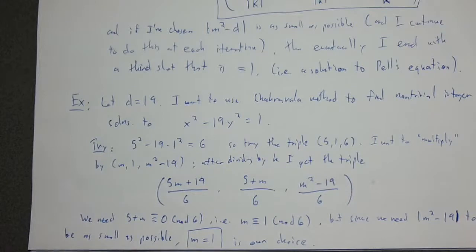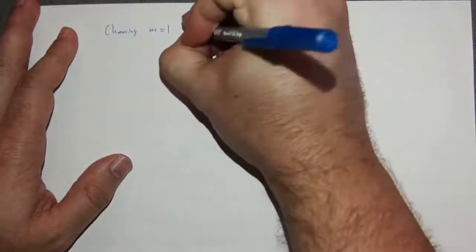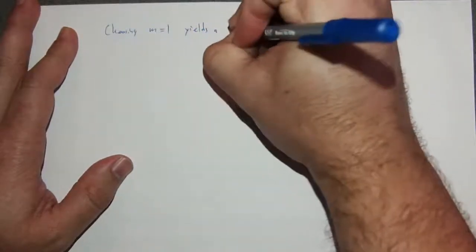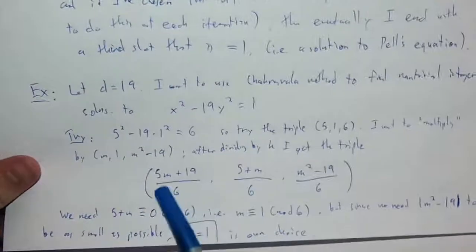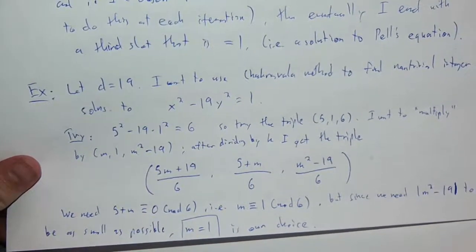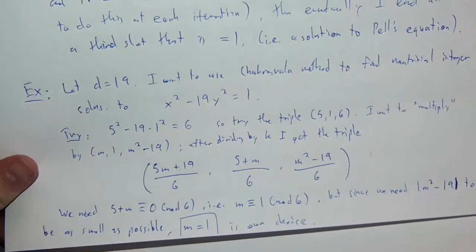Okay. And so if we choose m to be equal to 1, note that all of these things are going to be integers, right? So this choice yields a triple. And the triple that you get from this is, just go back here, so 5 times 1 plus 19, that's 24 over 6, so that's 4. 5 plus 1 over 6 is 1.